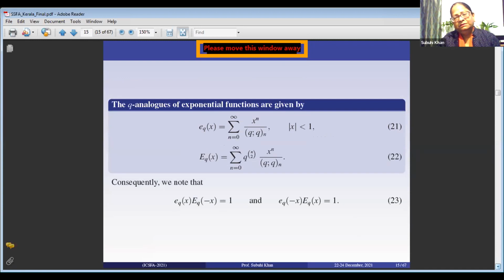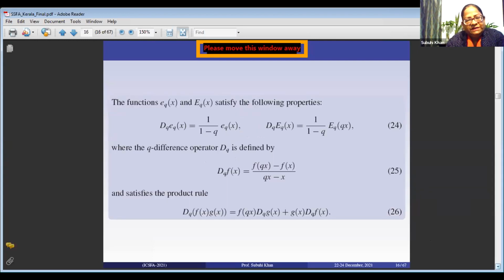And the interesting thing I found here is that we have two exponentials, the Q analogs of the exponential functions. So this is quite a query for me also. One is denoted by small e and the other one with capital E, and of course they are related by these type of relations.